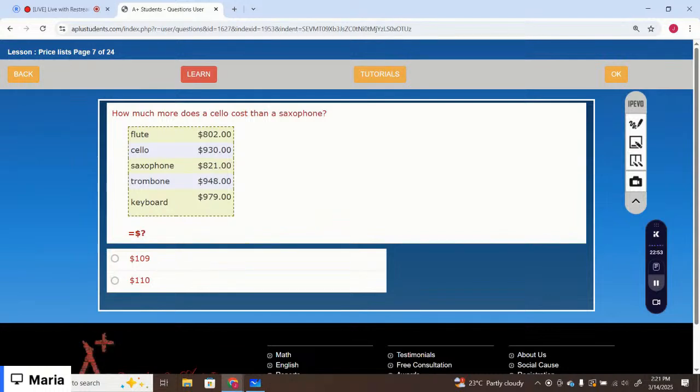How much more does a cello cost than a saxophone? So which is the correct option?